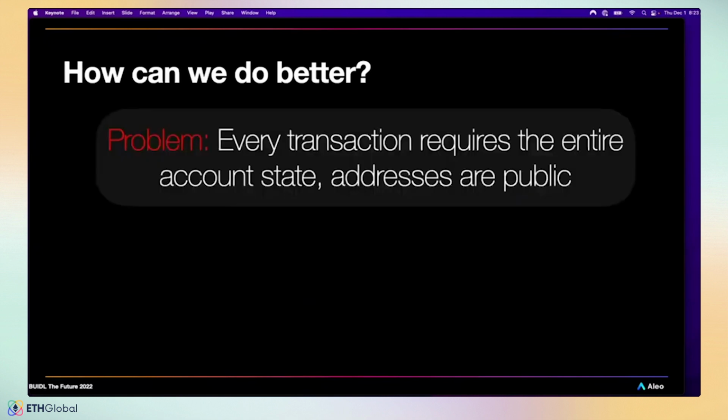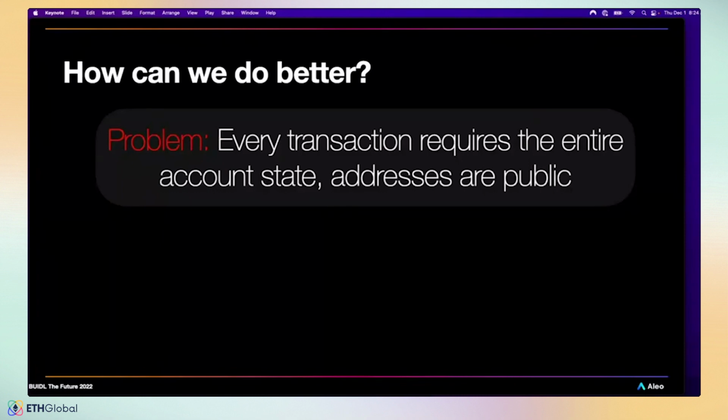So how can we do better? And really, this is where we're going to drop the core intuition here. The problem is that in this augmented account model, every transaction must read the entire account state, create a proof, and produce a new one.